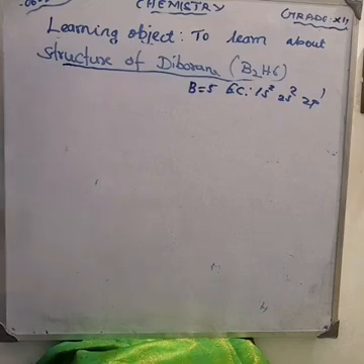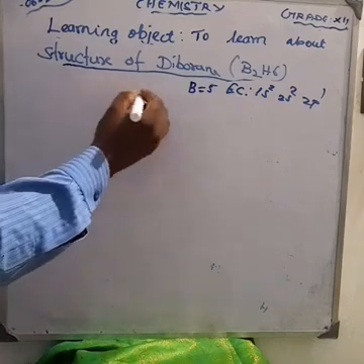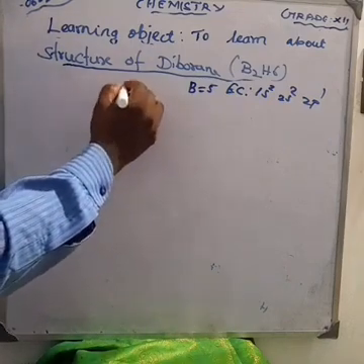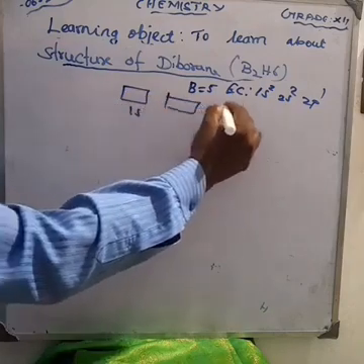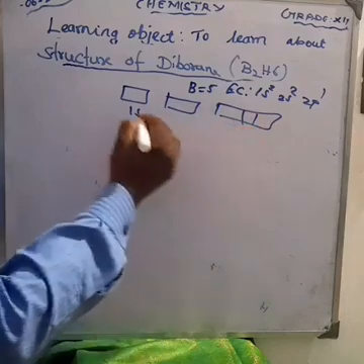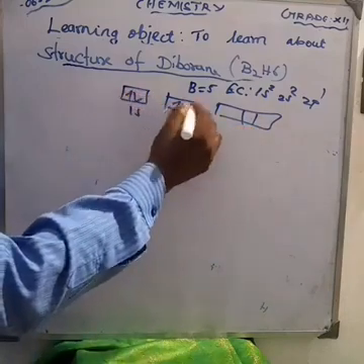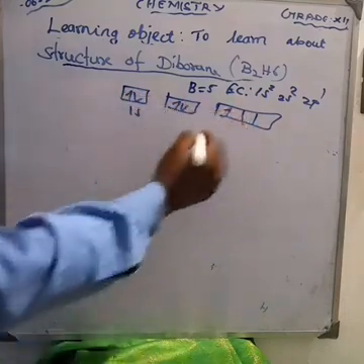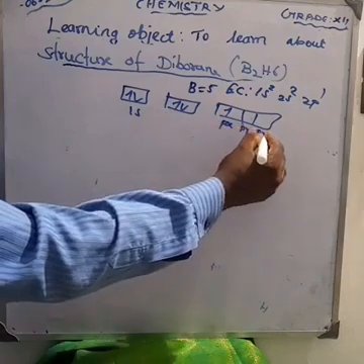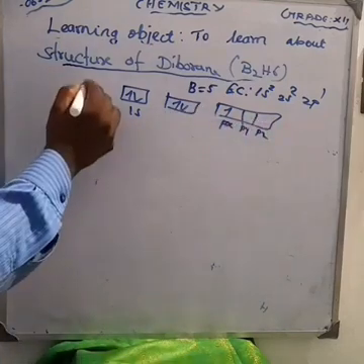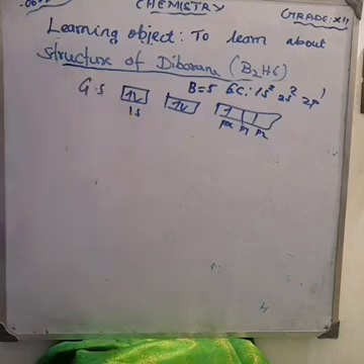Electronic configuration, which we already learned. So first we fill the electrons in their various orbitals. In the 1s orbital we fill 2 electrons. Next, in 2s, we fill 2 electrons. What about p? P means 2px, 2py and 2pz. We have only 1 electron, so we accommodate 1 electron.